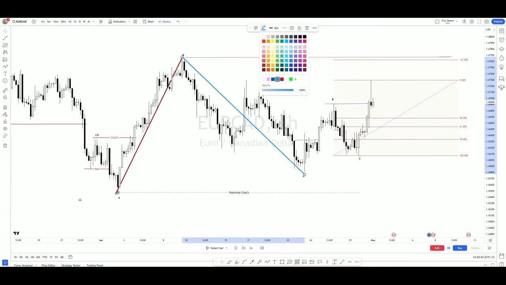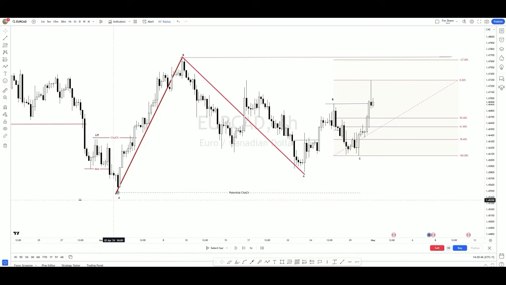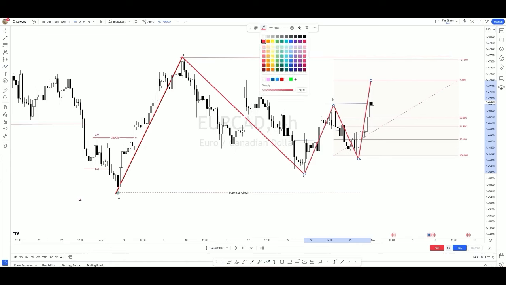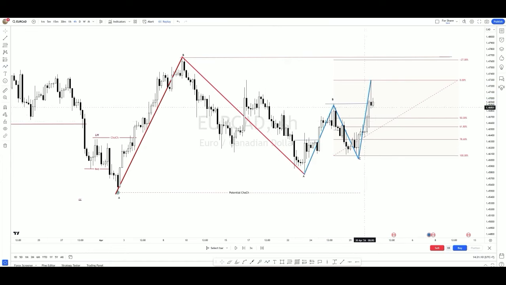Sorry, that's supposed to be red. I have A confirmed and B confirmed, but I don't have C confirmed yet because I don't have B broken. At the same time, I have A, B, C, and I'm not worried too much about D, right? And this here is a trading opportunity.